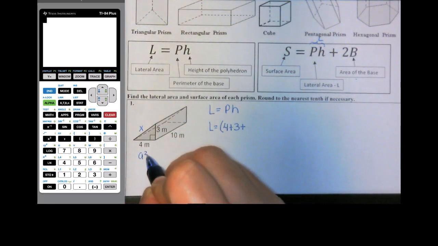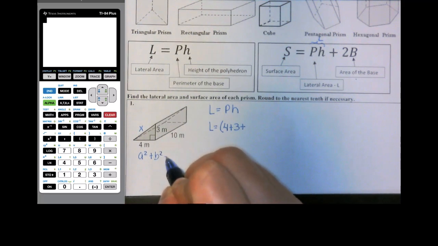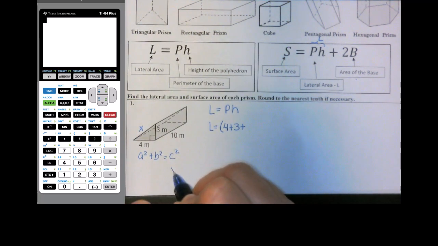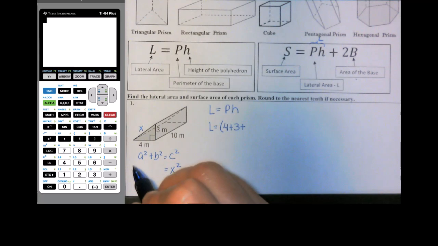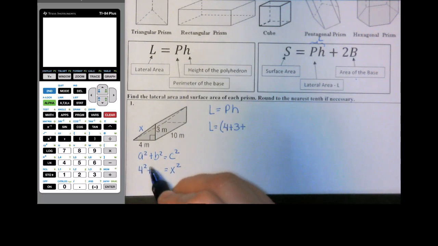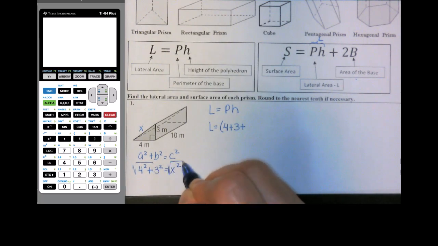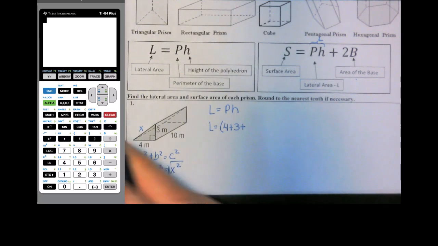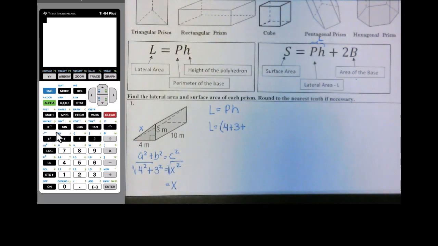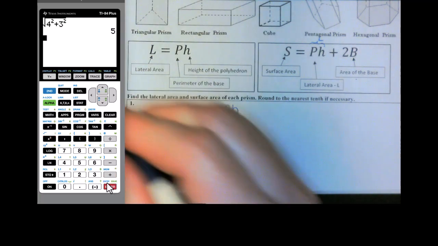Using the Pythagorean theorem, a squared plus b squared equals c squared, we plug in x as our hypotenuse, and this would be 4 squared plus 3 squared. Then we take the square root of both sides, and let's go to the calculator: 4 squared plus 3 squared, and we get 5.